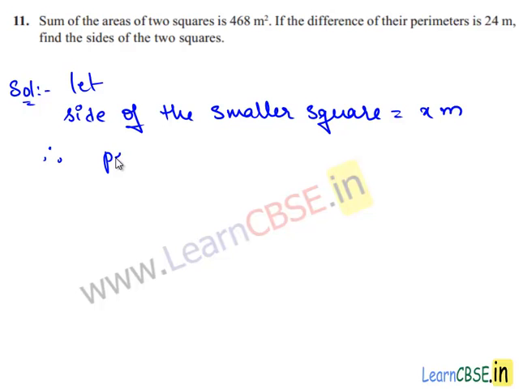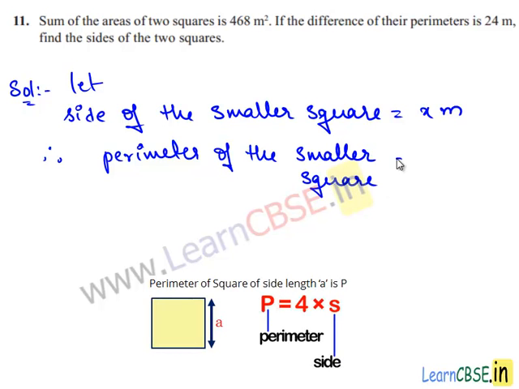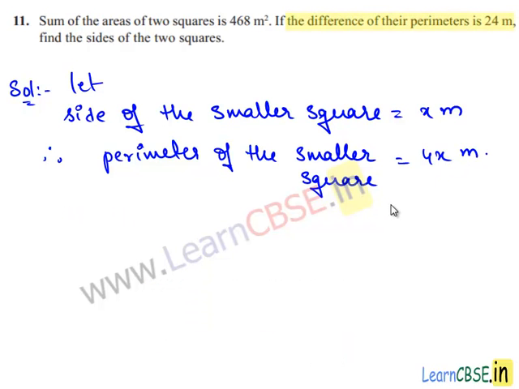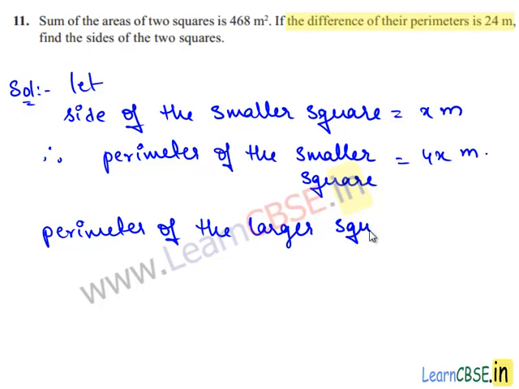Therefore, perimeter of the smaller square is equal to 4 times x, that is 4x meters. Since it is given in the question that the difference in their perimeters is 24 meters, so definitely perimeter of the larger square is equal to 24 more than the perimeter of the smaller one, that is 4x plus 24 meters.